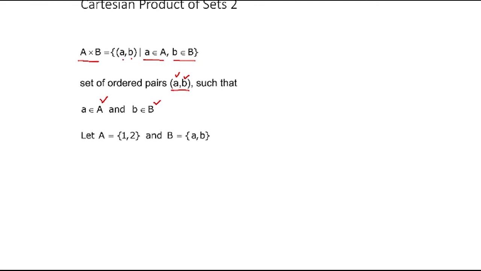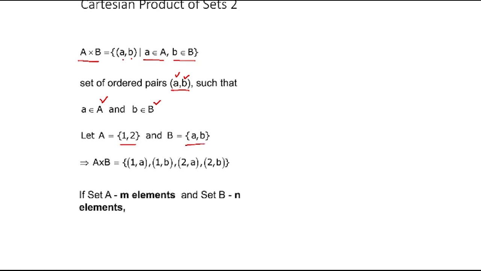A is {1, 2}, B is {a, b}, right? So if I multiply A cross B, first element 1a, 1b, 2a, 2b, right? If set A contains m elements and set B contains n elements, then A cross B contains mn elements, m into n elements.